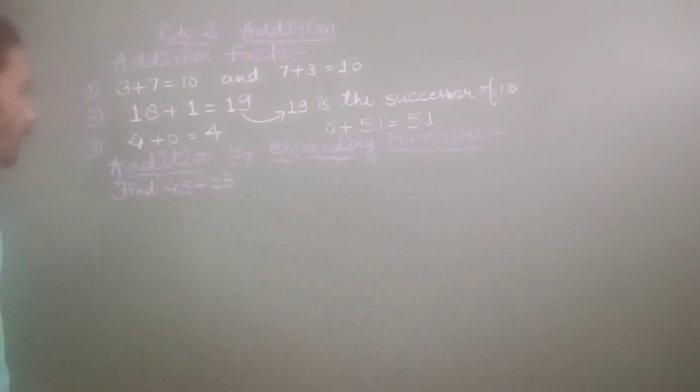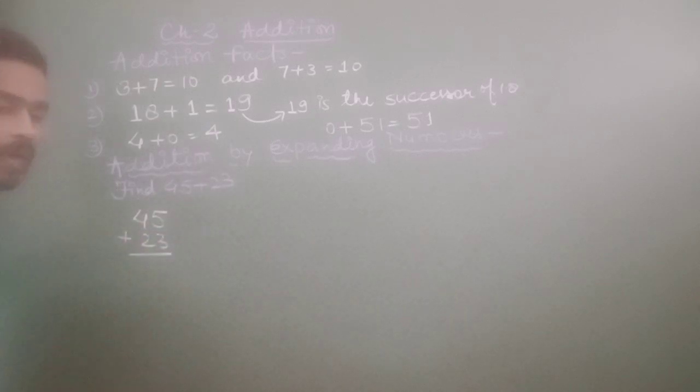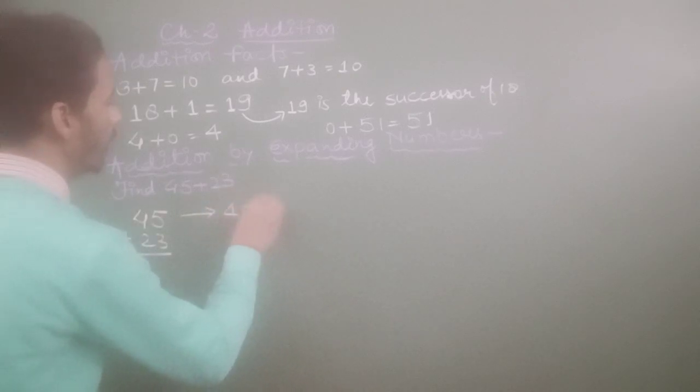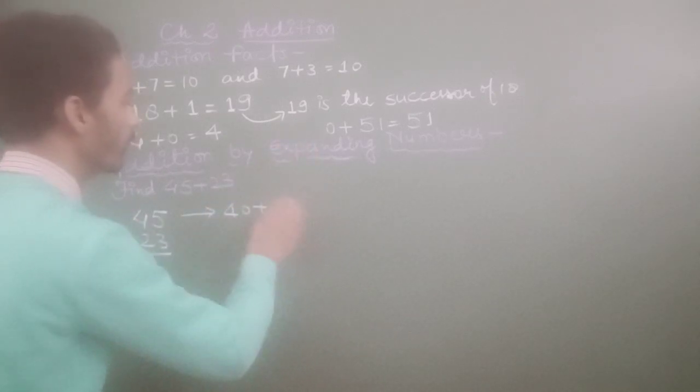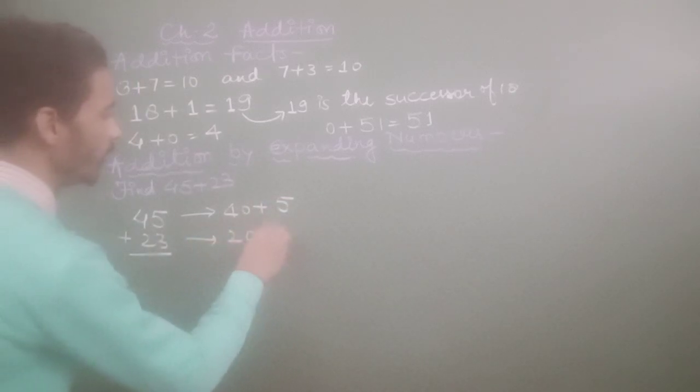Firstly, we have to expand 45 and 23. When we expand 45, that is 40 plus 5, and when we expand 23, that is 20 plus 3.